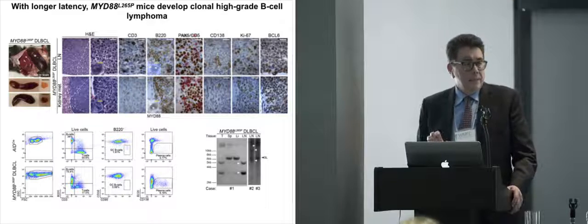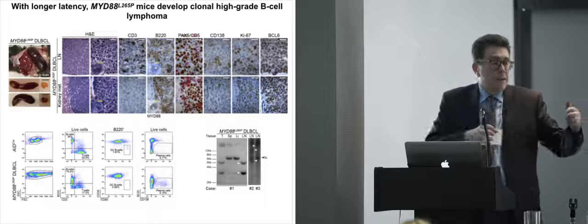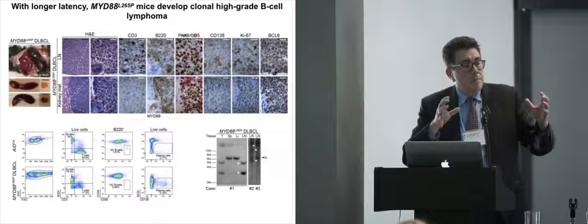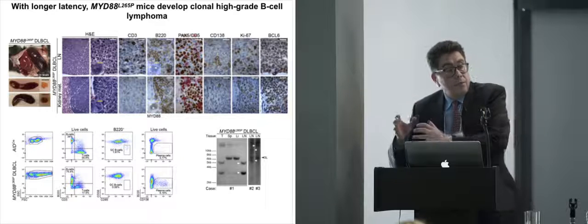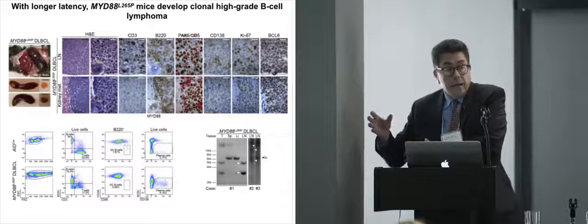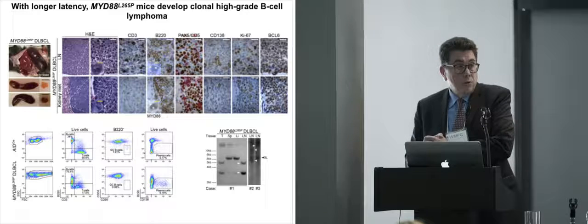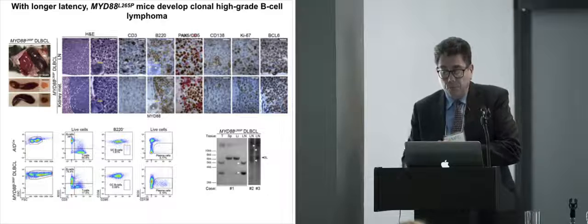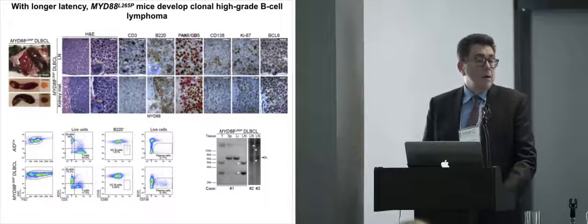What is this telling us? That our animal model developed this premalignant condition resembling Waldenstrom, but progresses to diffuse large B-cell lymphoma, like in patients. Unfortunately, some patients evolve to diffuse large B-cell lymphoma, and this is also happening in our animal model.